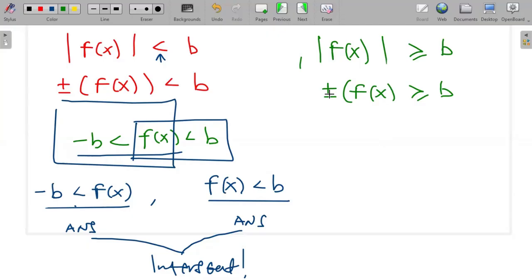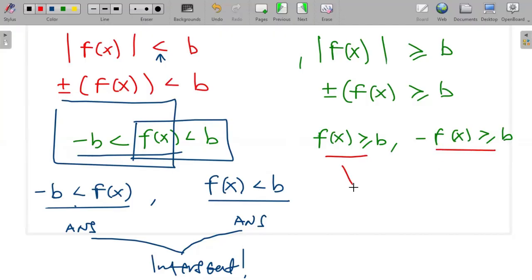So when I multiply by plus, I have f of x greater than or equal to b, and multiplying by the negative, minus f of x greater than or equal to b. Then you solve this, and here you're going to get an answer, and there as well. So if you had greater than or greater than or equal to, you're going to unionize the answers, and that will be your final answer.